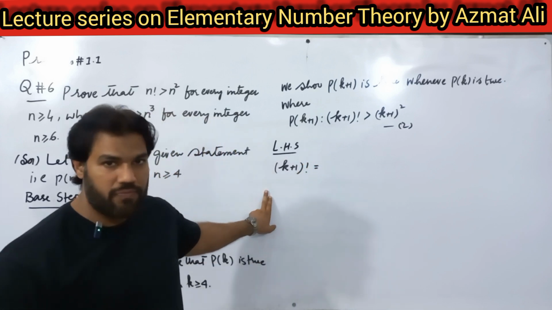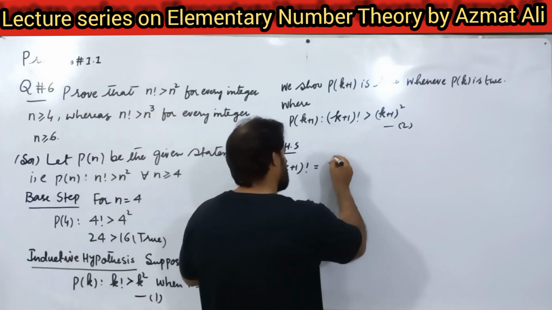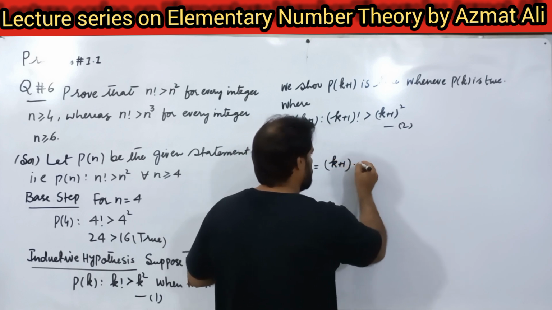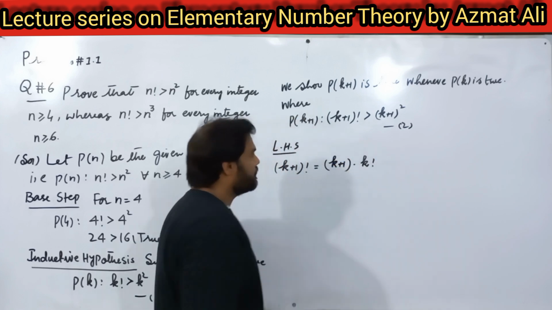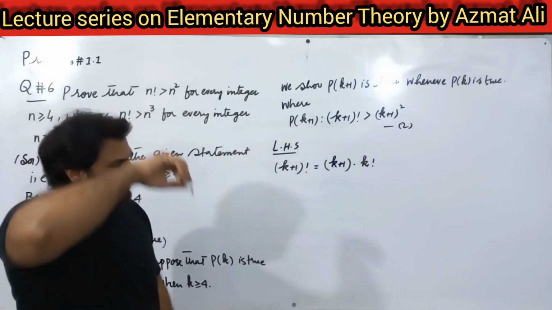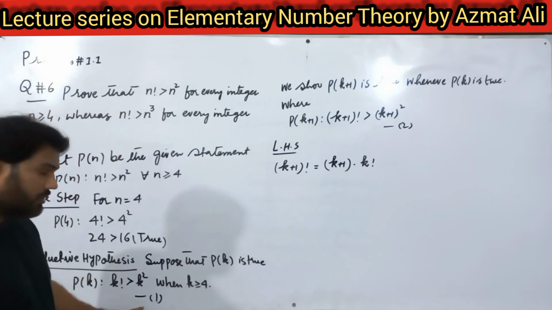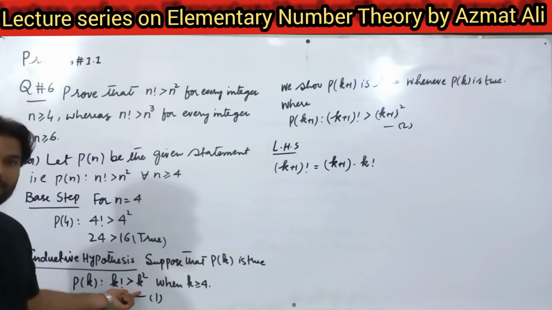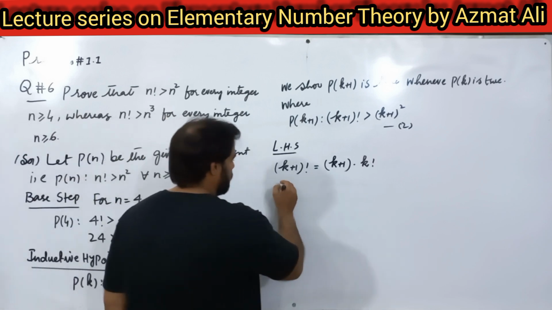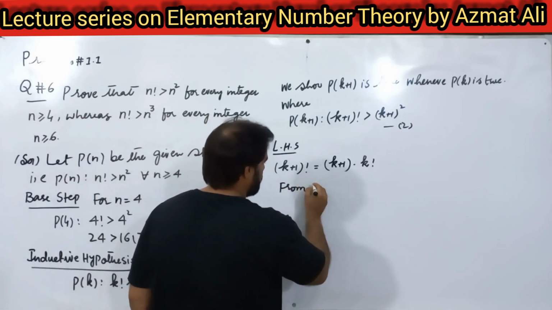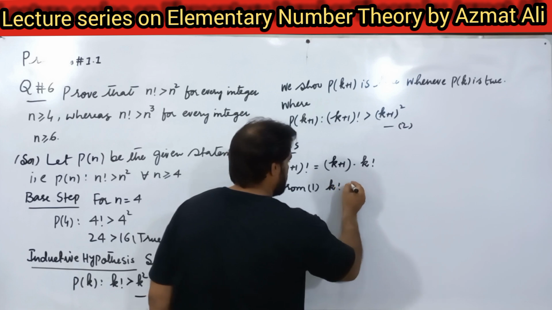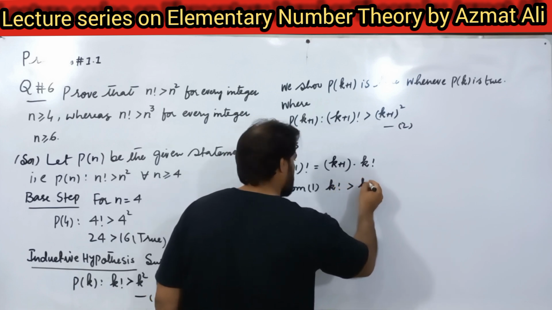If we break k plus 1 factorial, you can write it as k plus 1 into k factorial. Next, I am using inequality number 1. In inequality number 1, k factorial is bigger than k square.